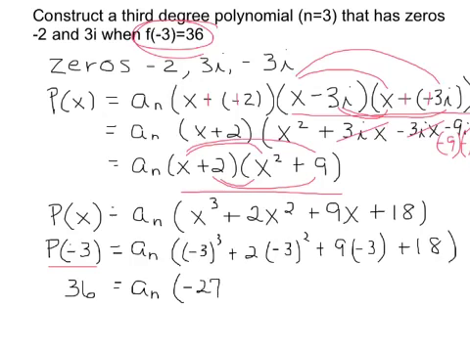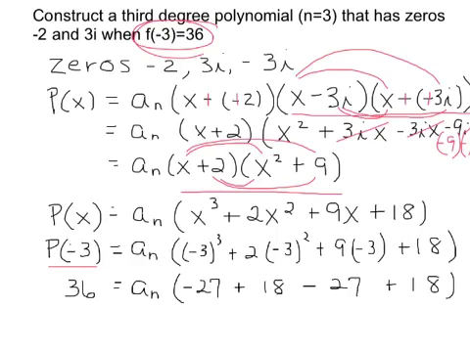So -27. Plus 2 times -3 squared, and -3 squared, -3 times -3 is 9, positive 9, times the 2 gives us an 18, and then a positive 9 times -3 is -27, another one of those, and plus 18. Lots of the same numbers showing up.